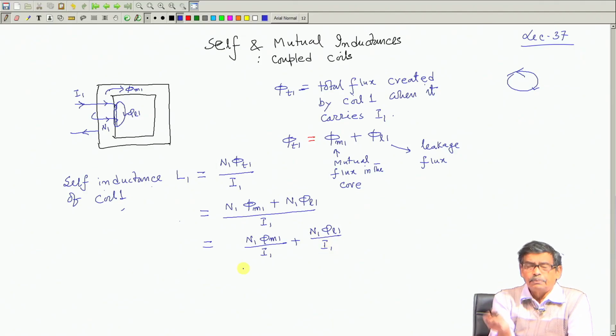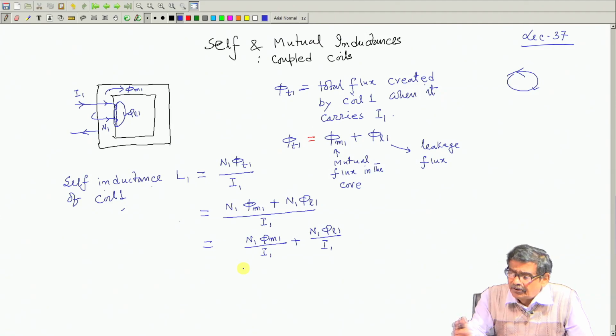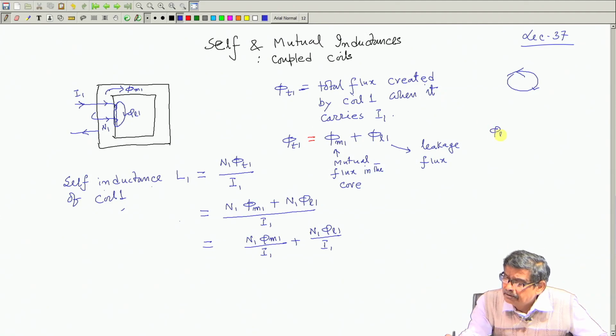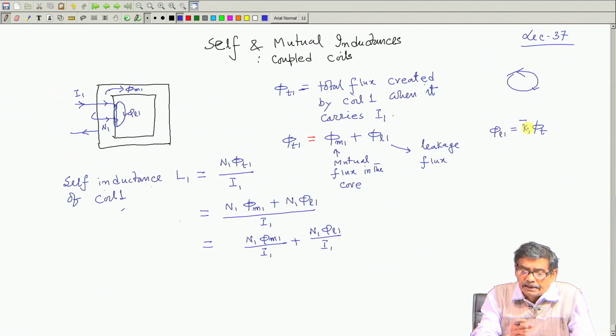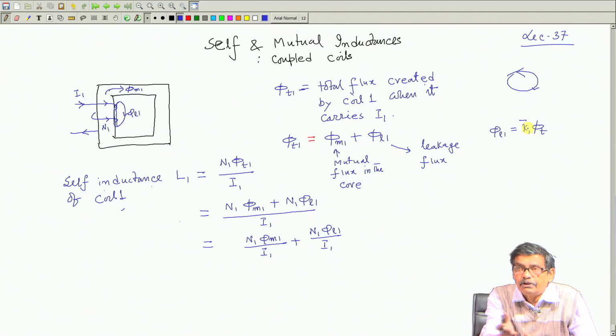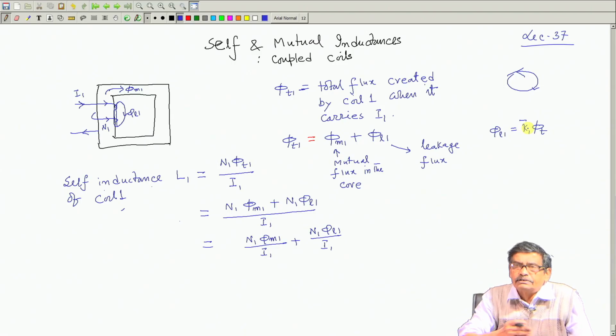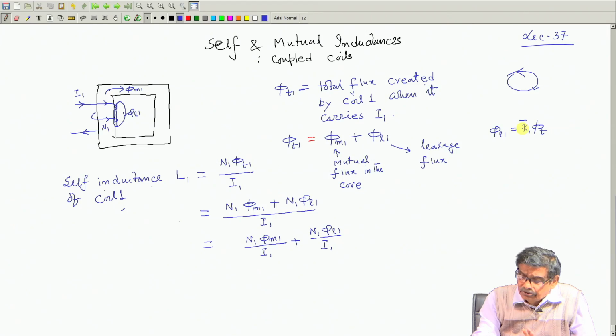Mind you, this leakage flux will be a little fraction of the total flux created. For example, phi L 1 can be expressed as some K 1 bar into phi T, a little portion. 95-98% of the total flux created will be confined to the core, maybe 2%, 3% is leaking. So, K 1 takes care of that.